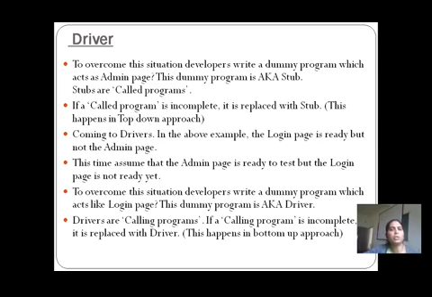This program is an acknowledgement stub. Okay, why? Because we are going to get an acknowledgement that this is the dummy page. The admin page is the dummy page, and still it is under development, but it will be considered to test our login page, whether it works in the right way or not.